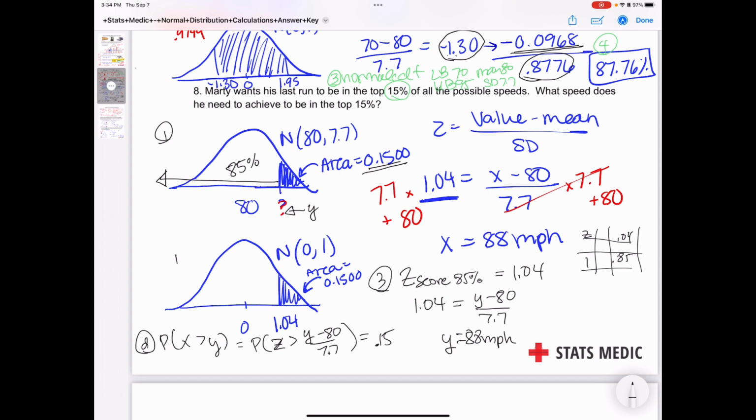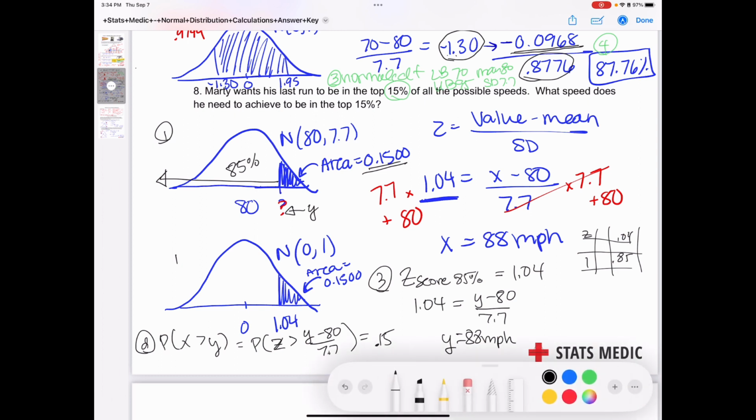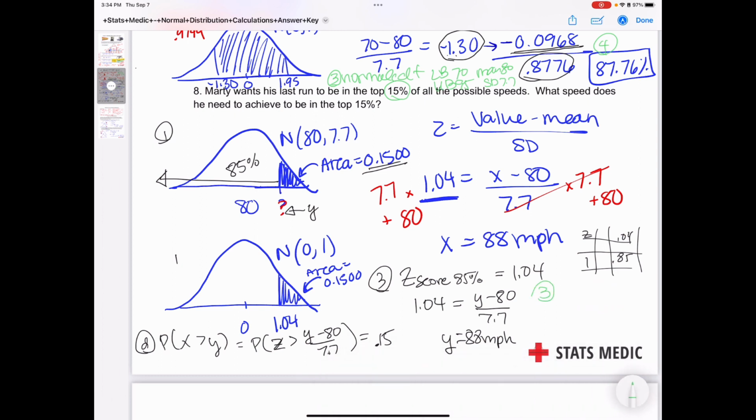If you did the alternative step 3, which I'm going to show you in green again, you would do inverse norm. The inverse norm gives you area, mean, and standard deviation of your choice. Area is going to be 0.85 because it is 85% to the left of the value that you're looking for. The mean is 80 and the standard deviation is 7.7, and it also gives you 88 miles per hour.